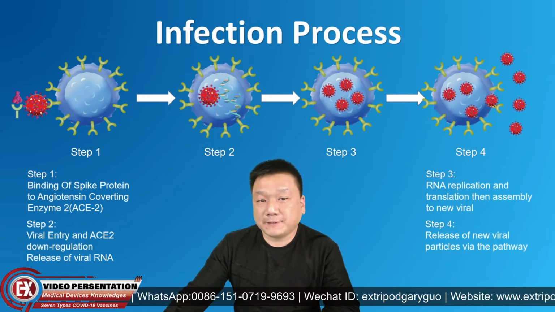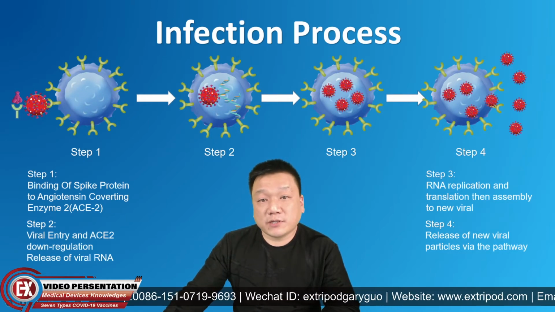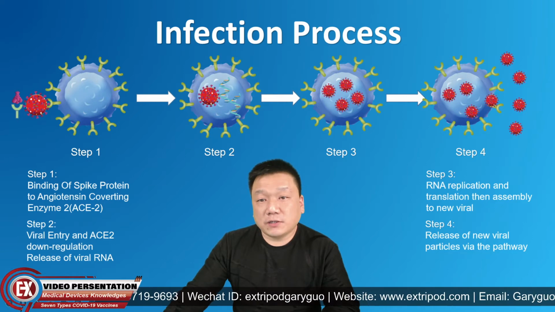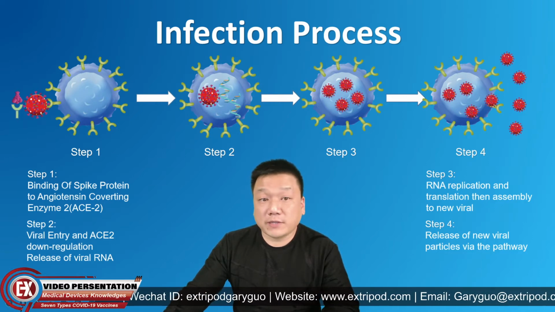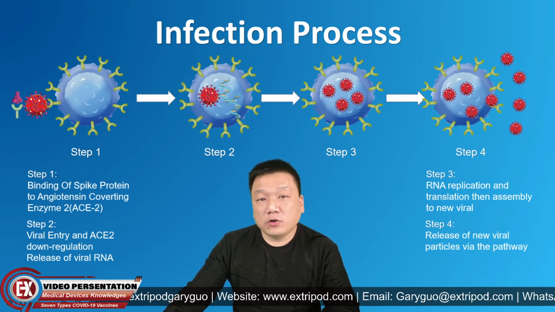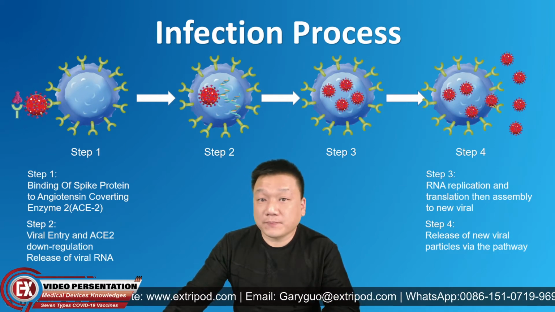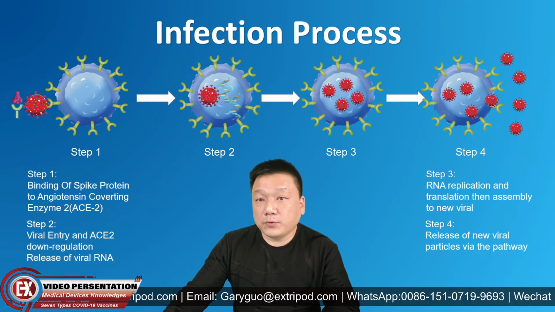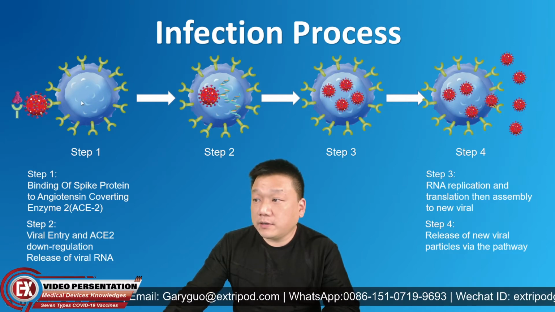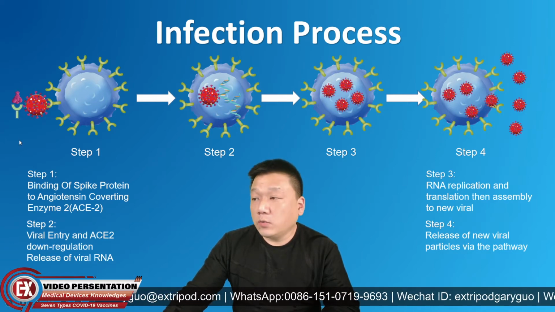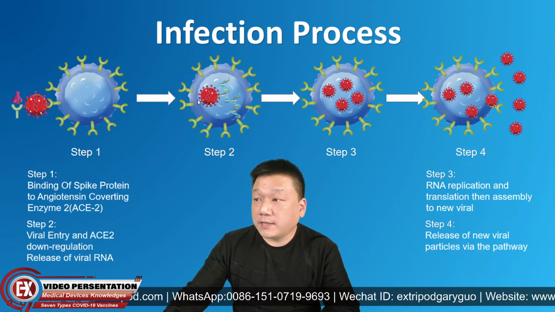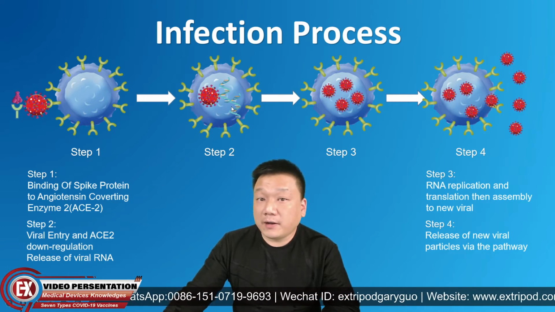Okay, check this process. This is a simple infection process flowchart. The whole infection cycle includes 4 steps. Step 1, the coronavirus spike protein combines with ACE2. The ACE2 will bring the coronavirus into the cells. When the coronavirus is inside the cell, it will release the RNA.